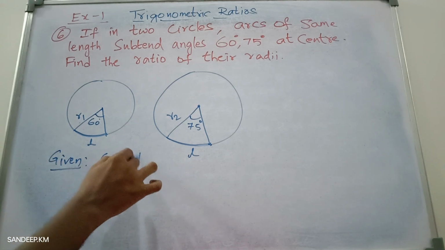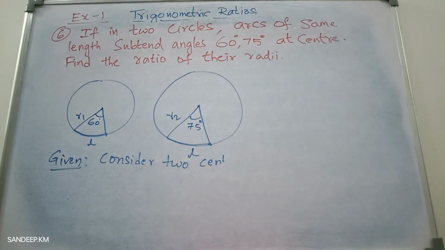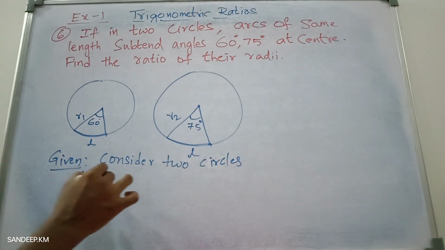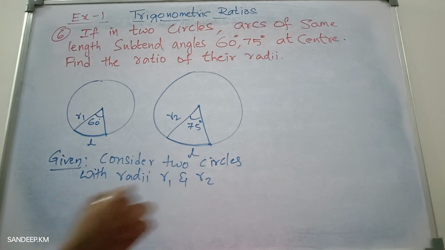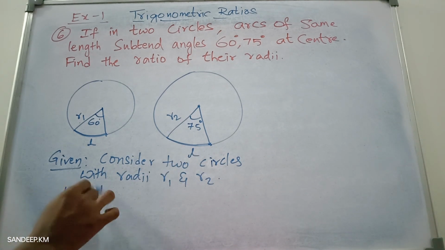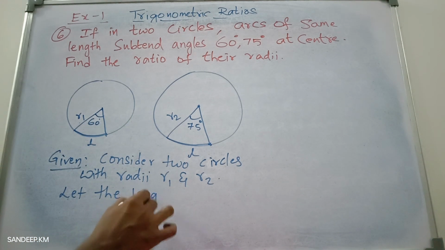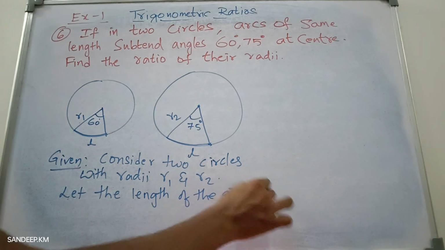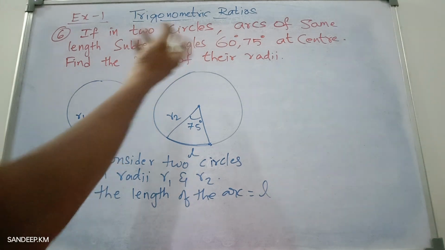Consider two circles with radii R1 and R2. Let the length of the arc be L in either case.